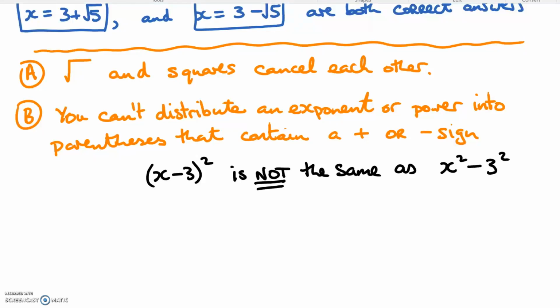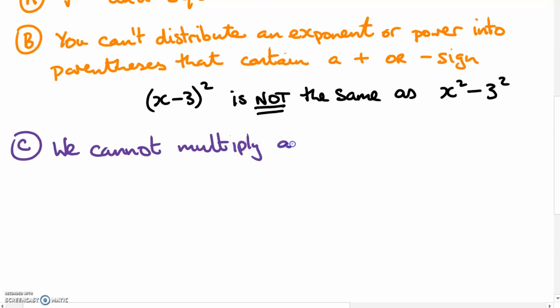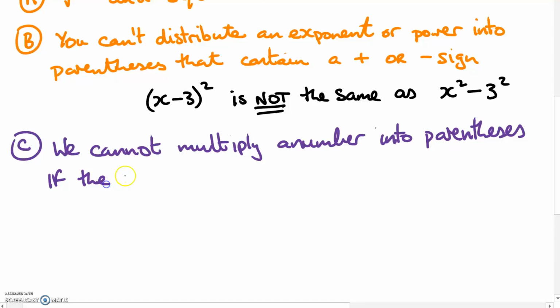The third thing that we're not allowed to do is multiply a number into parentheses if the parentheses have a power.